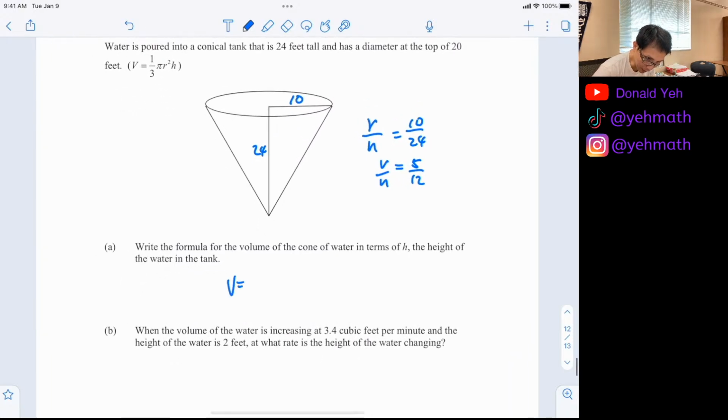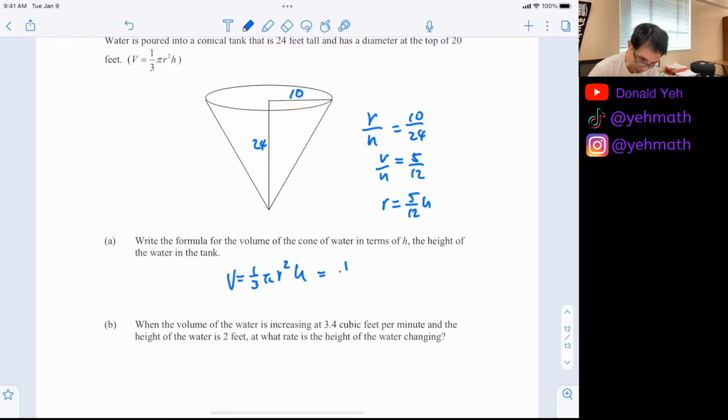So V is equal to 1/3 pi R squared H. And then you can say R is equal to 5 over 12 H. If you do that, it's going to be 1/3 pi, R is going to be 5 over 12 H, squared, times H. So it'll be 1/3 pi times 25 over 144, H to the third.